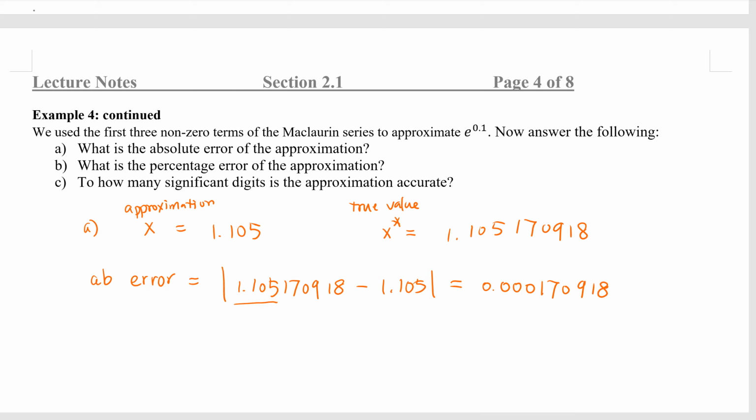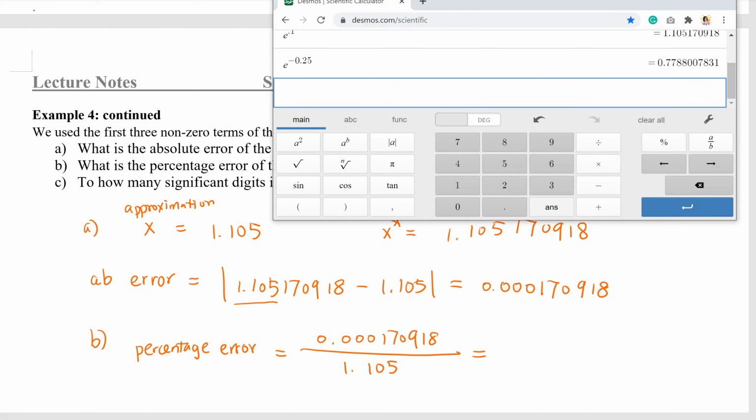Okay? So part B, what is the percentage error or relative error? Well, we use our absolute error divided by our approximation, 1.105, and let's see what that is. Where's my calculator? Here.